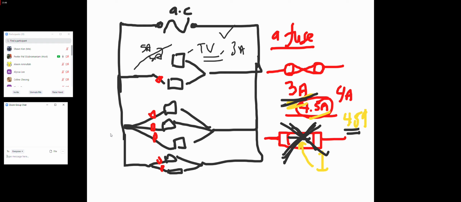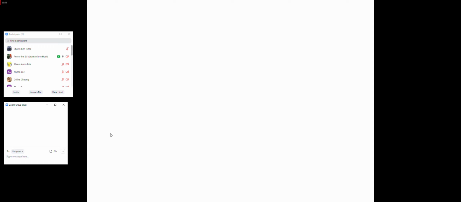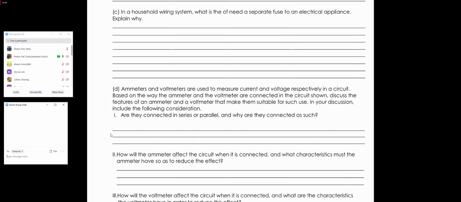So a fuse is a device that can protect your electrical appliances. Based on this idea, in a household wiring system, why is there a need for a separate fuse?